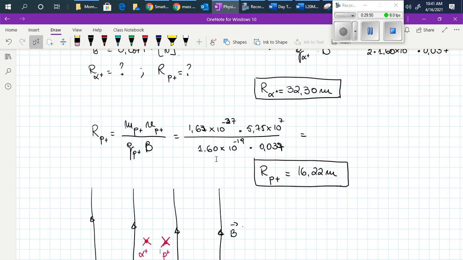So your palm will be going east. That tells us that the proton will have a deflection of this, and the alpha particle will have a deflection that is almost double. So alpha particle and proton. Okay.